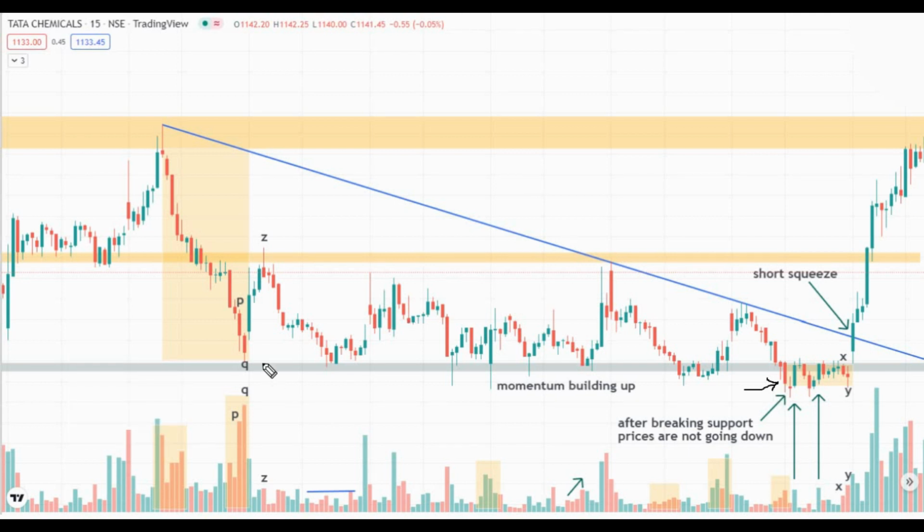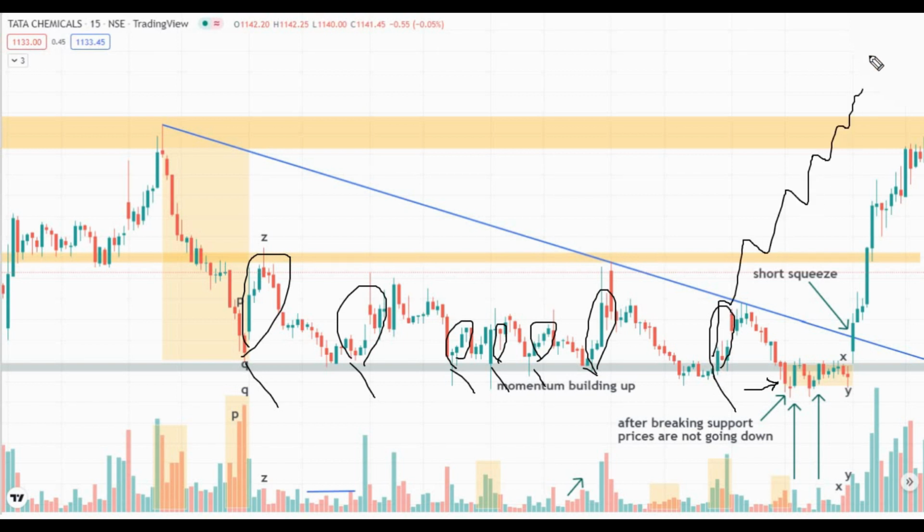Because see, 1st time rejection, 2nd, 3rd, 4th, 5th, 6th, 7th time rejection. But even after testing 7 times, why are prices not able to continue the upward momentum?